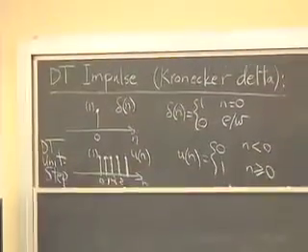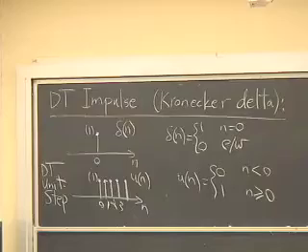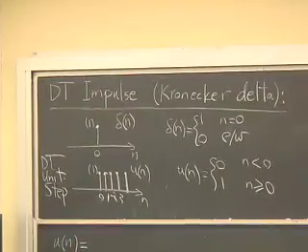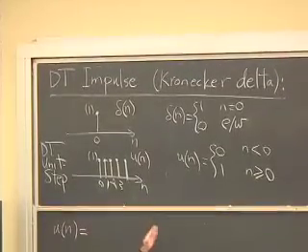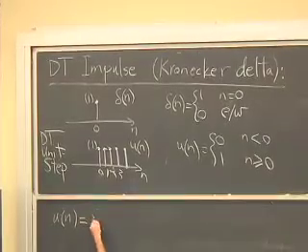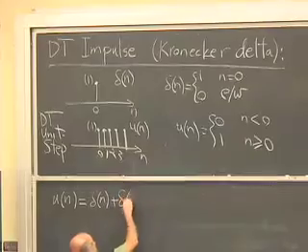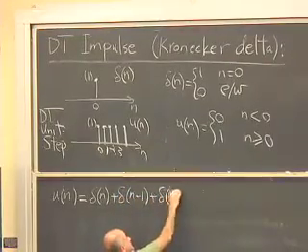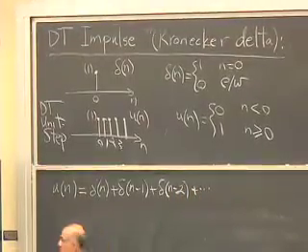We talked about how we can express the unit step in terms of the impulse. And one of those ways was to think of the unit step as a sequence of shifted impulses added together. So you had delta n plus delta n at 1 plus delta n at 2, like so.